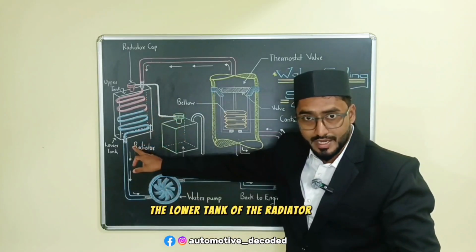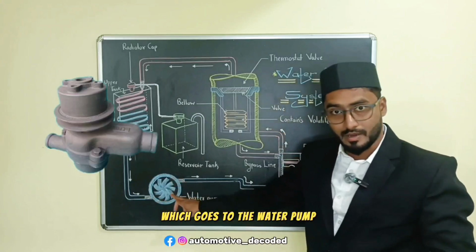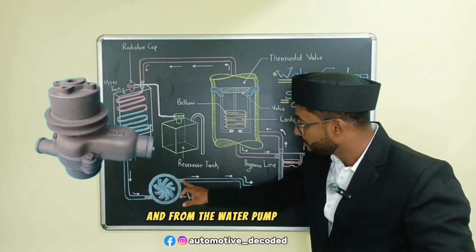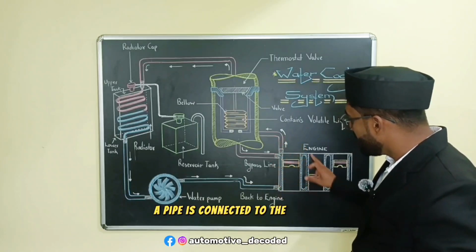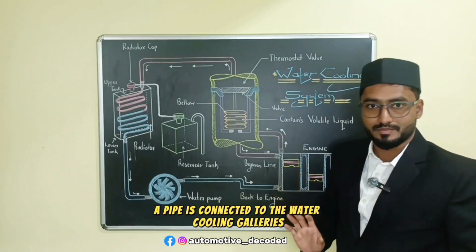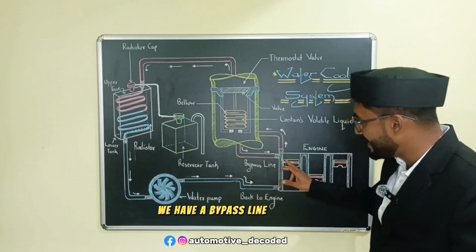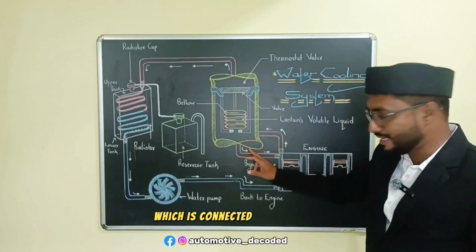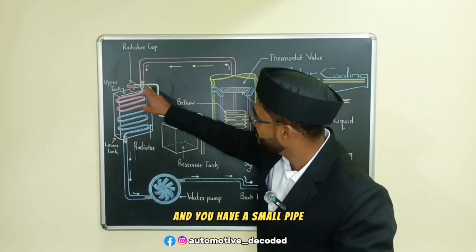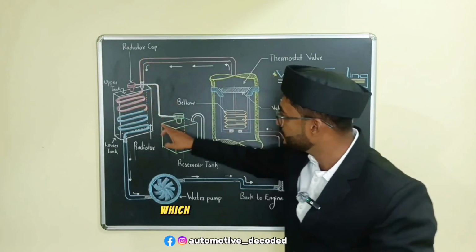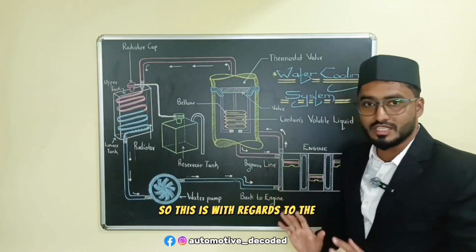The lower tank of the radiator is again connected with a hose pipe which goes to the water pump, and from the other end of the water pump a pipe is connected to the water cooling galleries. Apart from that, we have a bypass line from the thermostat valve which is connected to the engine, and you have a small pipe which is connected to the radiator cap which goes all the way to the reservoir tank. So this is with regards to the construction.